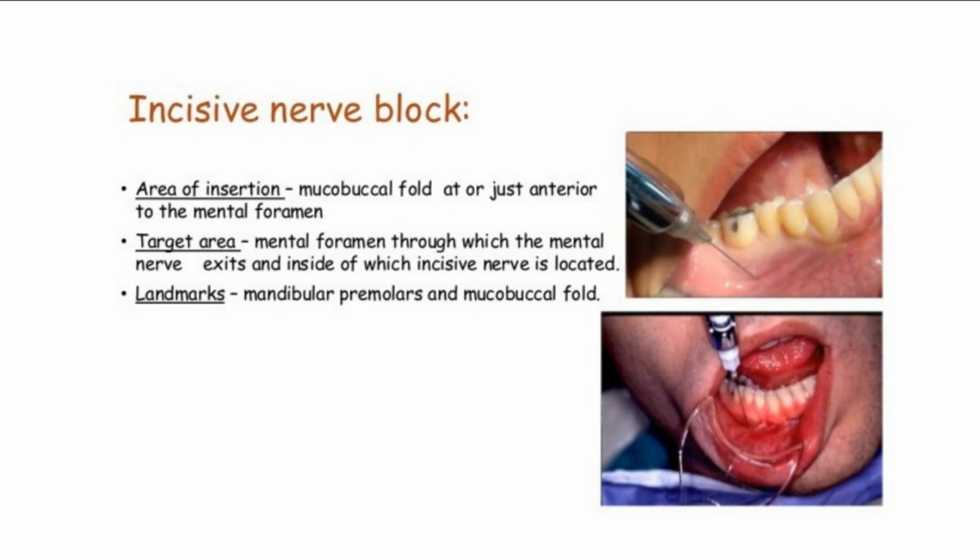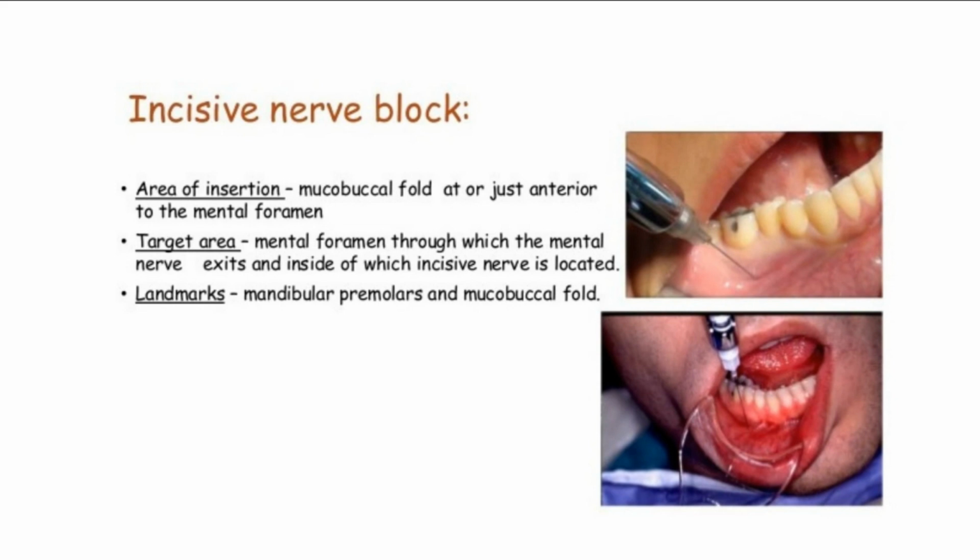Otherwise, I think ART, Gow-Gates, Halstead, Akinosi, I think all that is clear. The only one out of all of those that gets everything is Gow-Gates. Otherwise, everything else will need additional anesthesia if you are working on the molars.